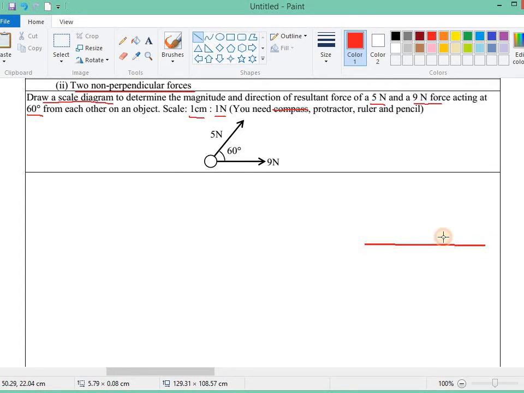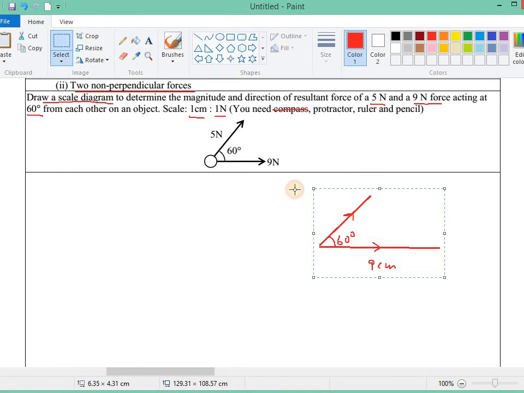So like this. This is 9 centimeter, and then we measure 60 degrees using the protractor. Here also measure 60 degrees, and then connect these two.